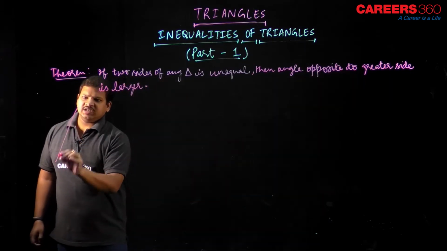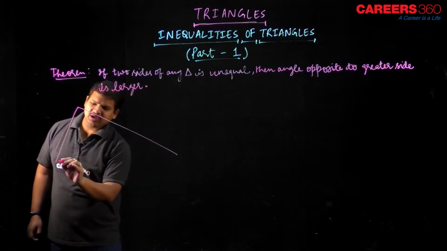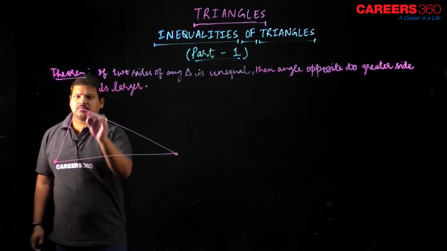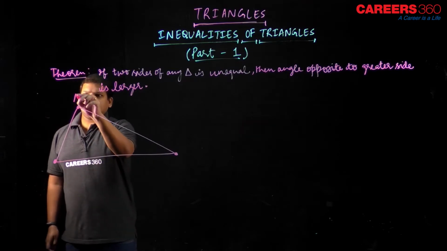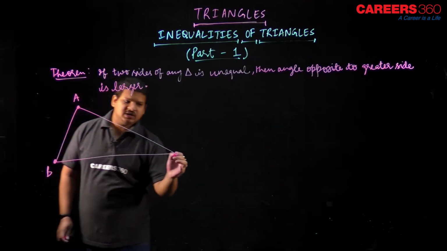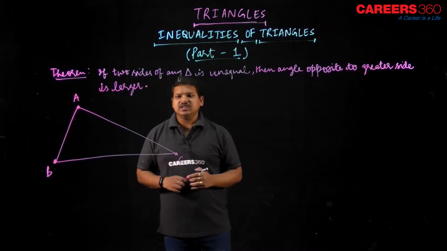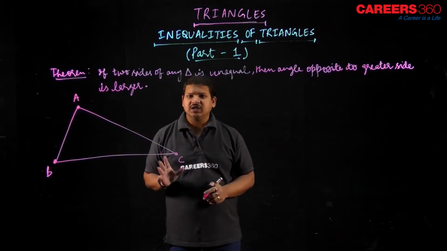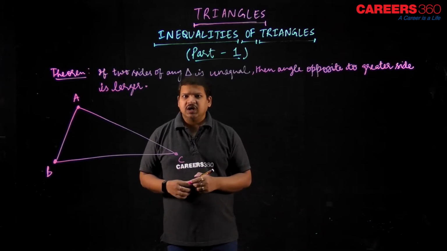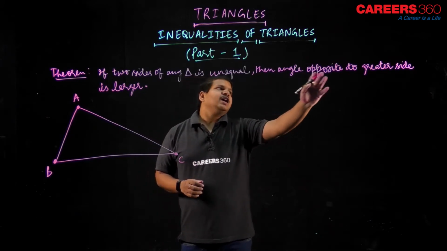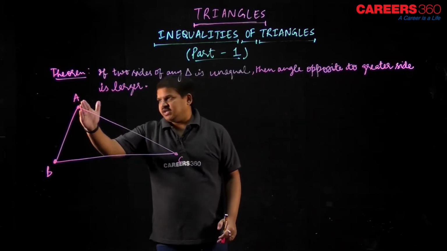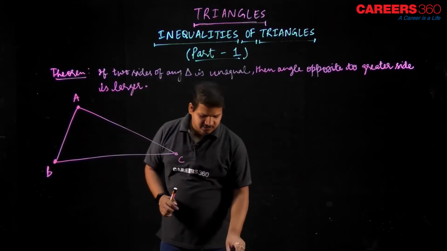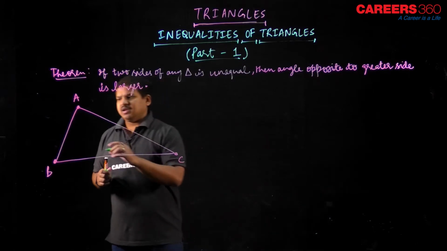That is, let's say this is a triangle, we have A, B and C. As you can see, we have two unequal sides, AB and AC. Then the angle opposite to the greater side, that is, the greater side we have AC, will be larger.